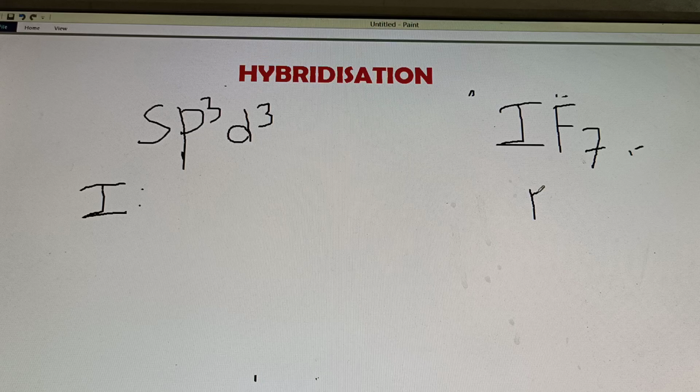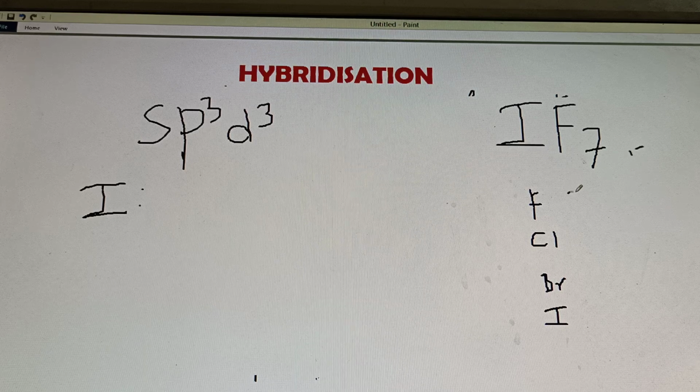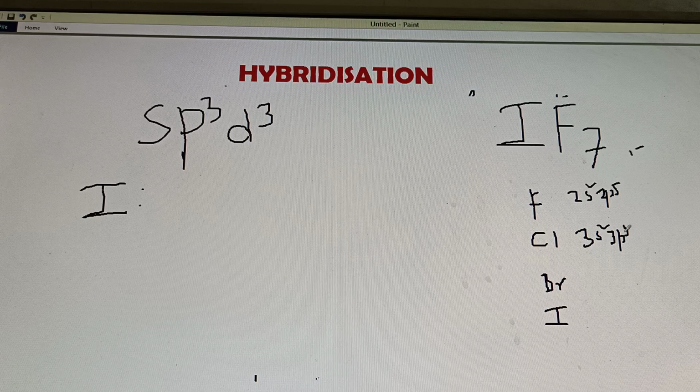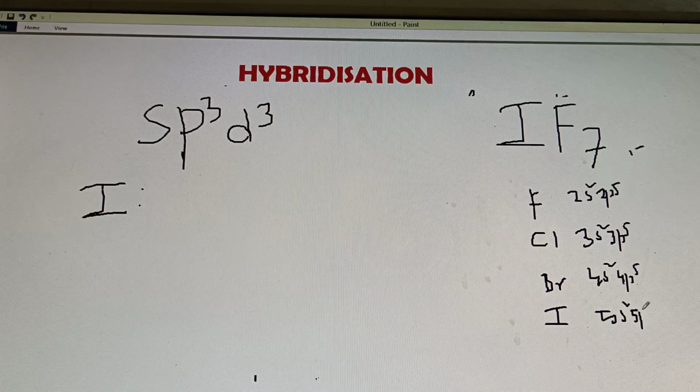Fluorine, chlorine, bromine, iodine. Fluorine valence electrons are 2s2 2p5, this is 3s2 3p5, this is 4s2 4p5, and iodine 5s2 5p5.